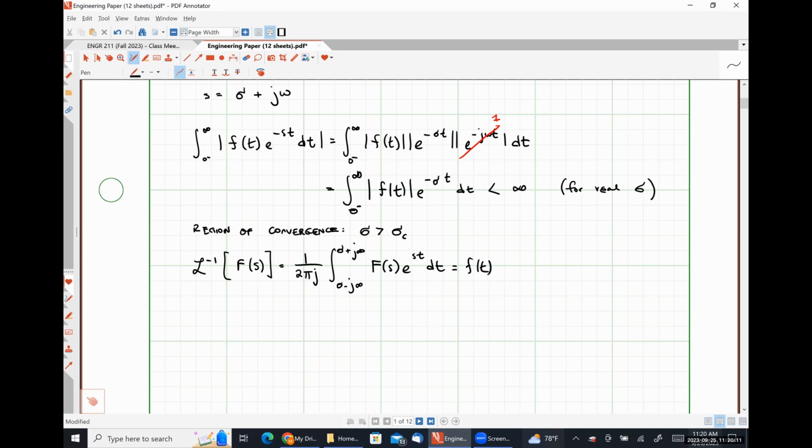Sigma minus j infinity and sigma plus j infinity here. So this integration occurs across both dimensions, or both directions, I guess would be a better way to put it, of the complex plane.